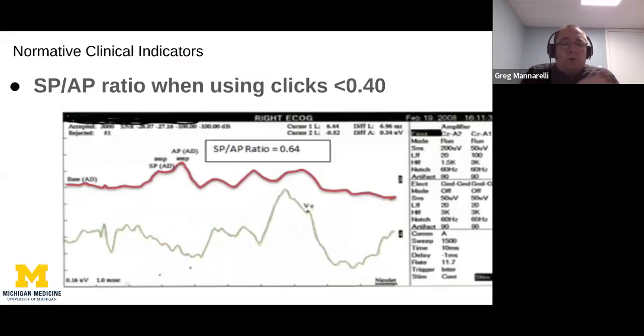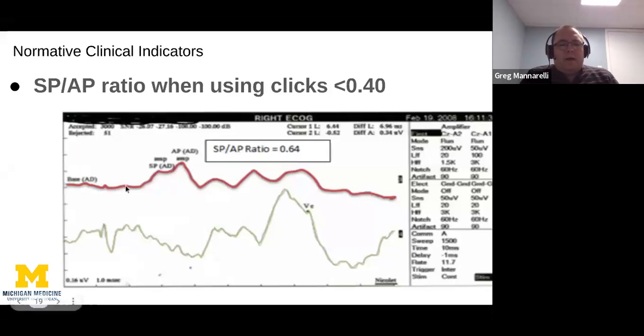So what is a normal ratio when you're looking at a Meniere's patient? Typically we want to see an SP ratio of 0.4 or less. Here I have a right ear response from a patient with an abnormal ratio. We have our baseline, here's your summating potential, and there's your amplitude. We did some measurements and calculations and showed that the ratio is 0.64.